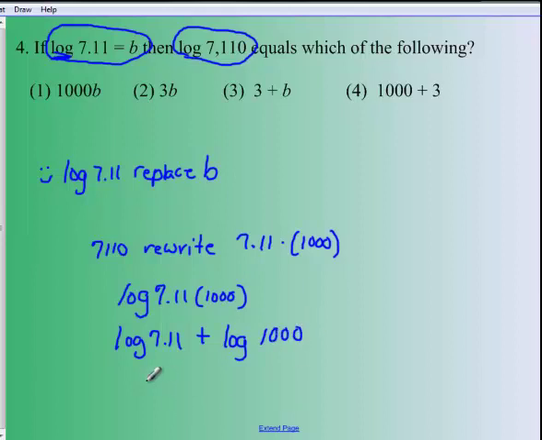Okay, look what we got. Every time I see a log of 7.11, I can replace it with a b. Woohoo! That gets replaced with a b. And the log of 1,000, well, that's a common log with base 10. I know what that is. That's what we started the whole lesson with. That's 3. And there's my answer.